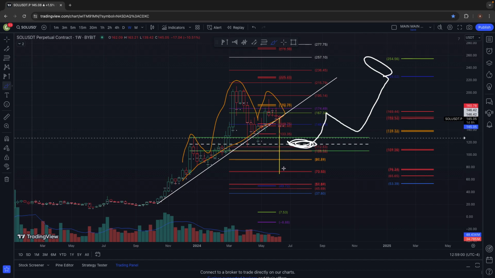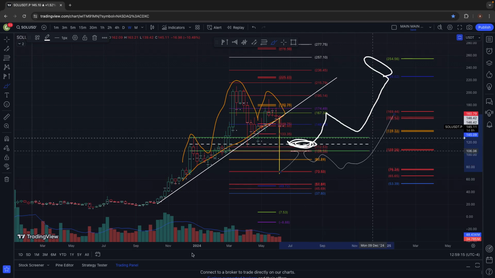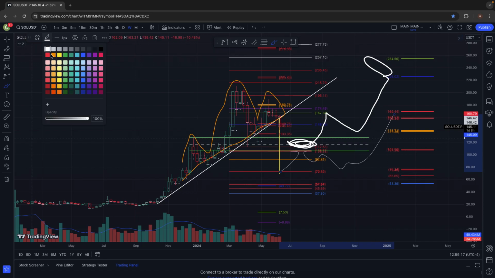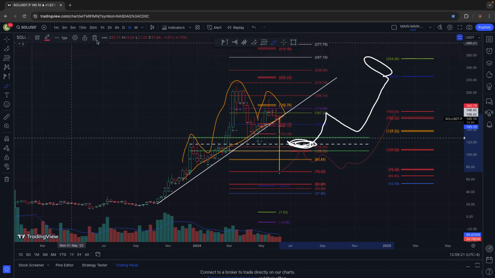So let me just doodle it right here. If you come all the way down here and you get a bounce up, it's going to be a dead cat bounce scenario because this is resistance, and you will probably try to find support one way or the other before you can retry higher. So I'm going to doodle that in red. Right there, red.